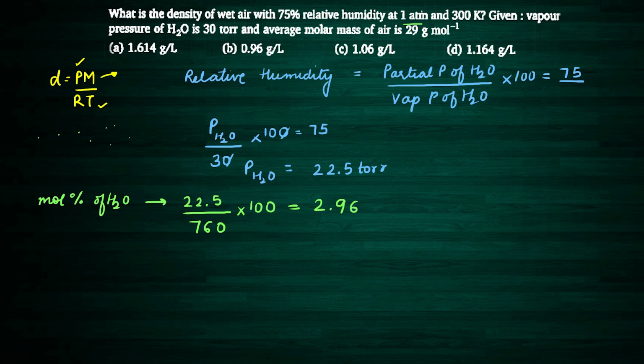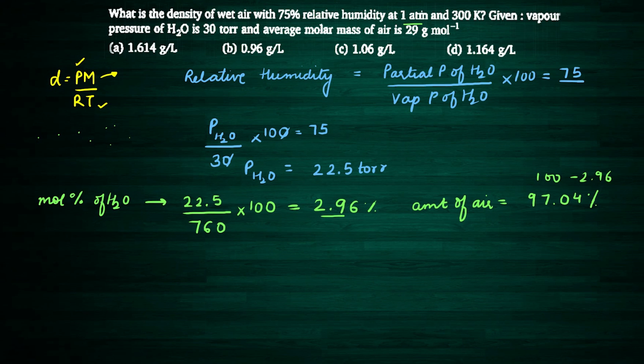So therefore, the amount of water is 2.96%. And so the amount of dry air would be 97.04%, that is 100 minus 2.96.